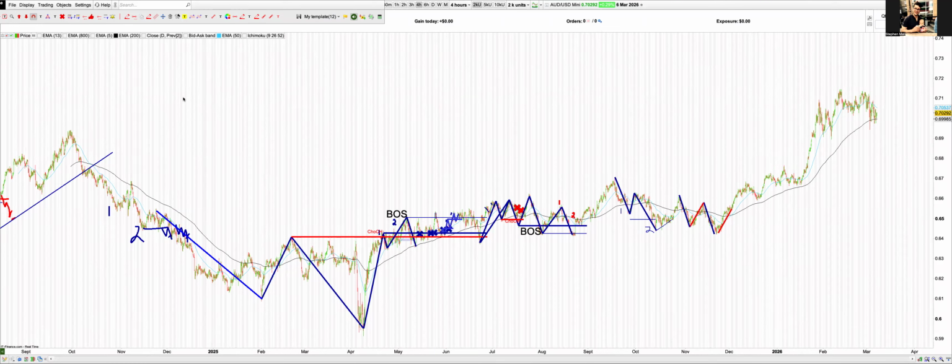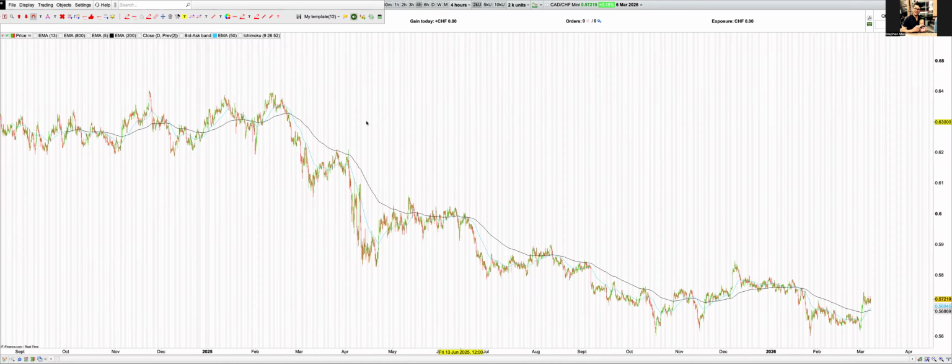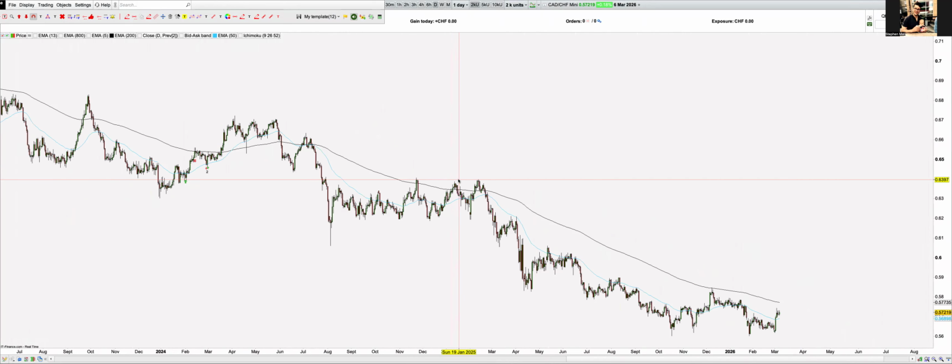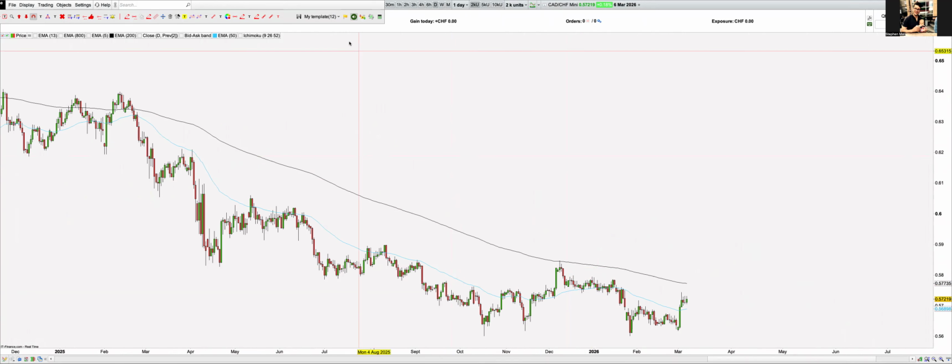CAD CHF next. I don't really look at that. But again, it's making an interesting formation, a multi-session W potentially. This is the apex. I do want to keep updated on this one. And another W here.